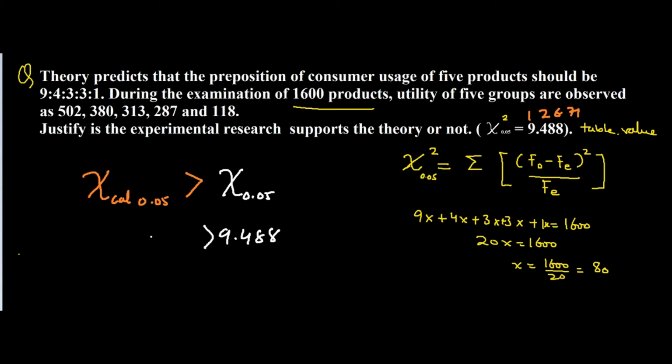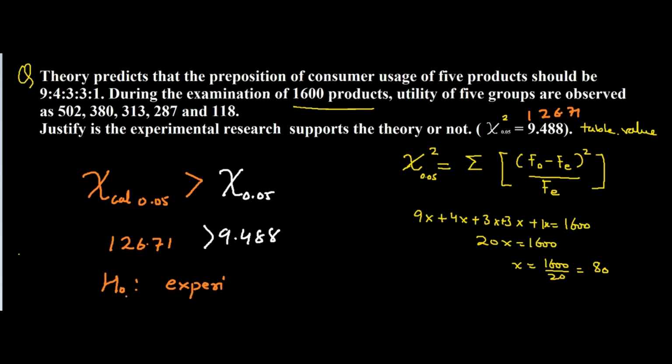So you can say it is smaller than your value 126.71. Then whatever the null hypothesis is there, that null hypothesis is rejected, that experimental results does not support the theory.